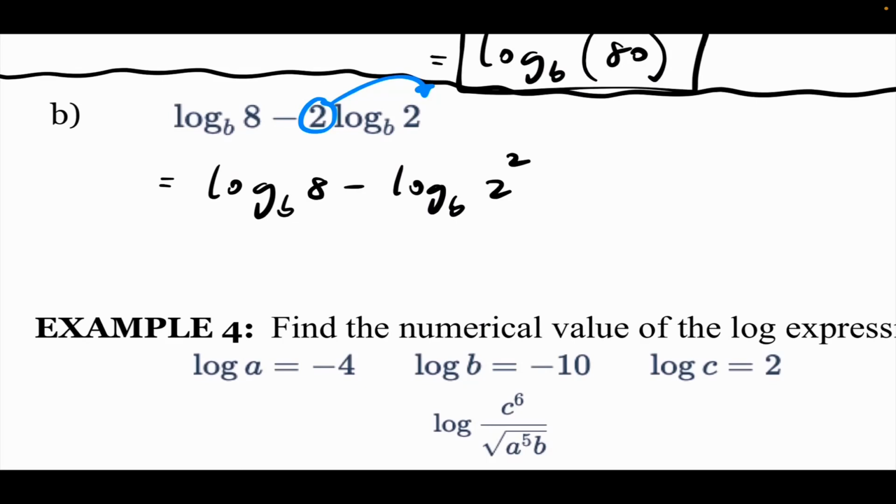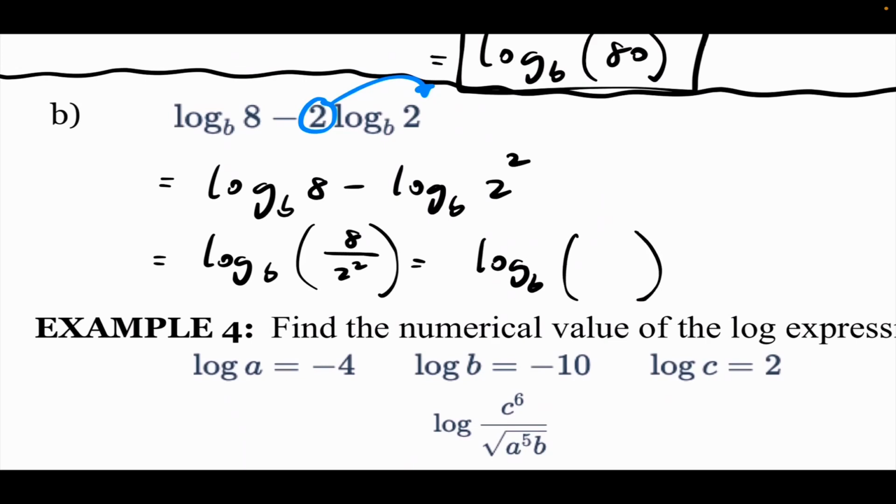Subtraction, we're going to use the quotient rule, use division. 8 divided by 2 squared. Well, 2 squared is 4. 8 divided by 4, 2. Done.